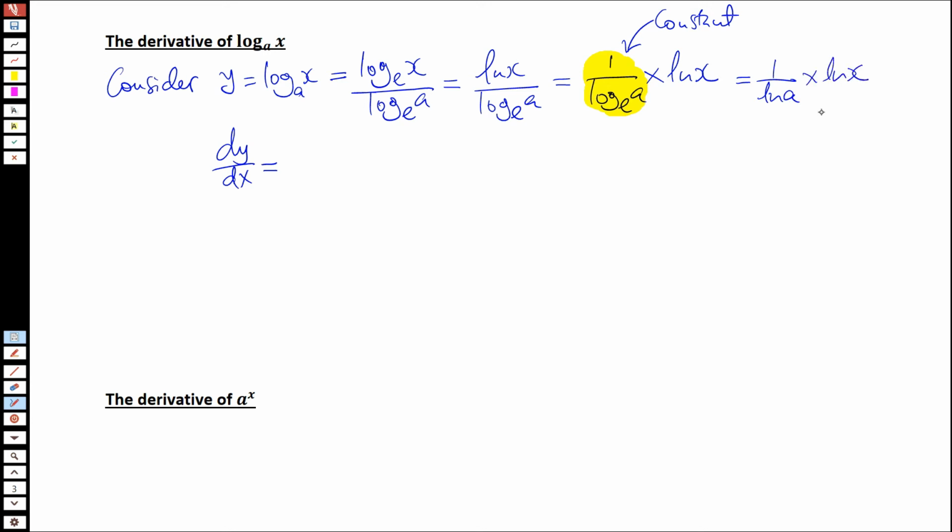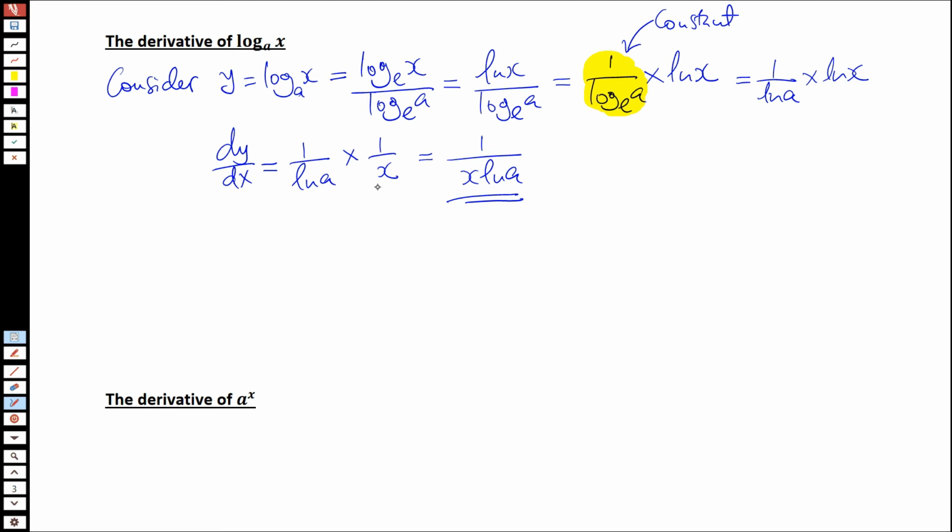If we differentiate that, we shall end up with 1 over ln a, which just remains as it is, multiplied by the derivative of ln x, which is 1 over x. So our resulting derivative here will be 1 over x ln a if you just put this together.